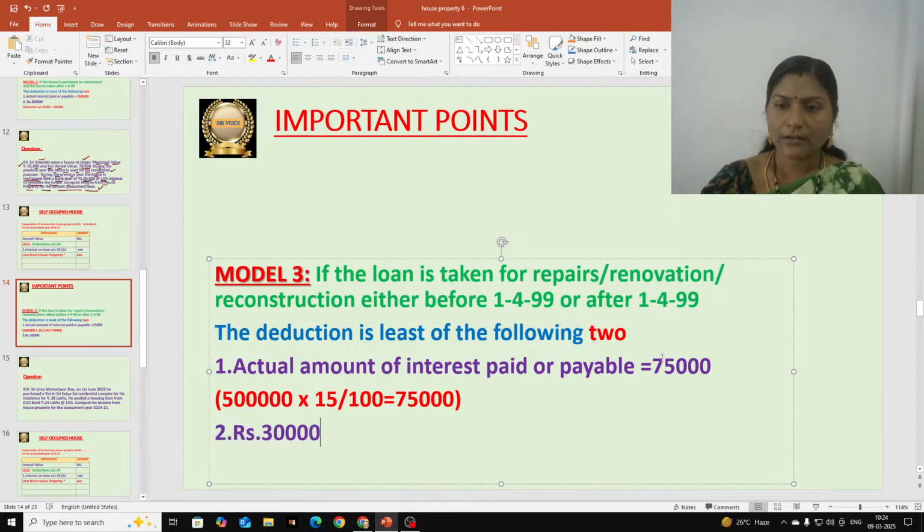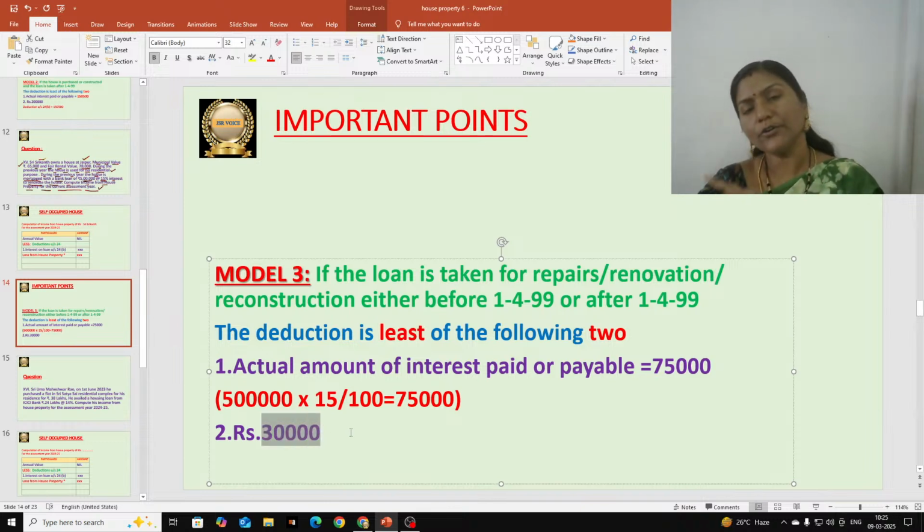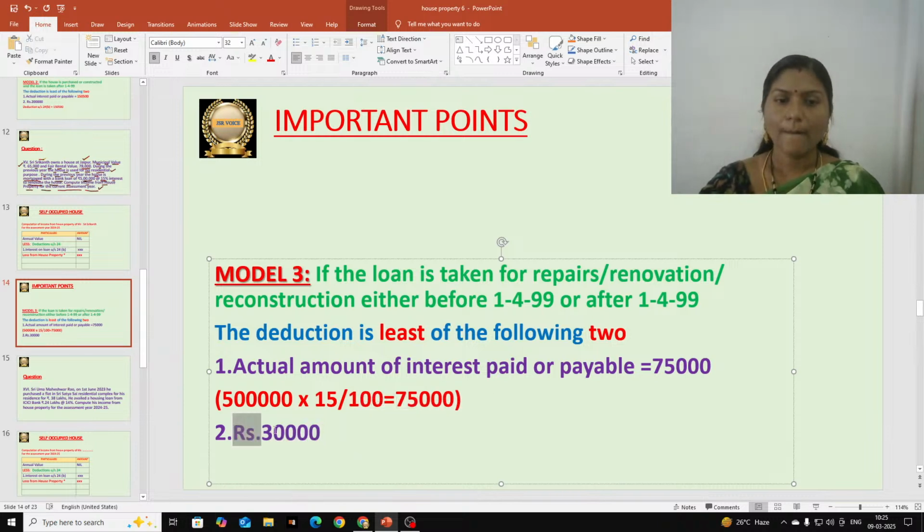You can see here 75,000 or 30,000, which is least? The least one we should select, always. And which is least here? 30,000 is least. So you select 30,000. In your notes you have to draw a circle around 30,000 rupees, but here I am changing the color of that. I am selecting 30,000. That is the deduction.